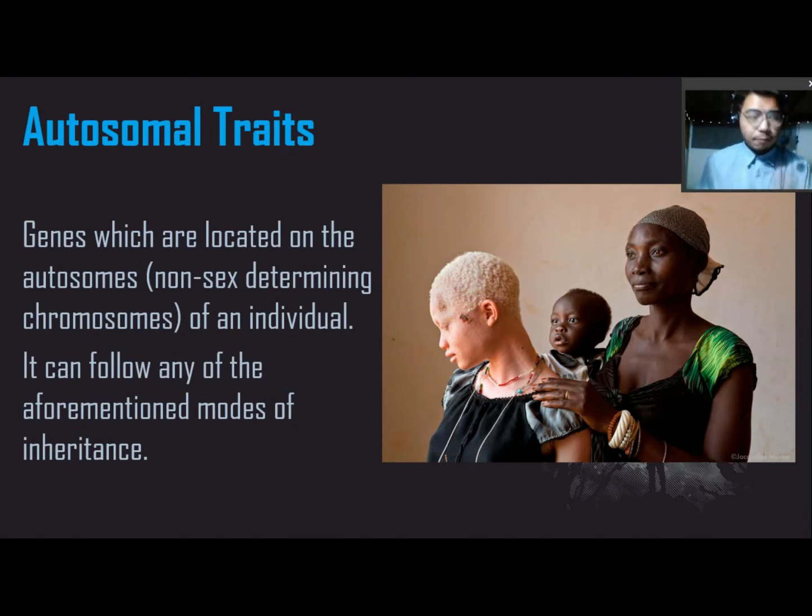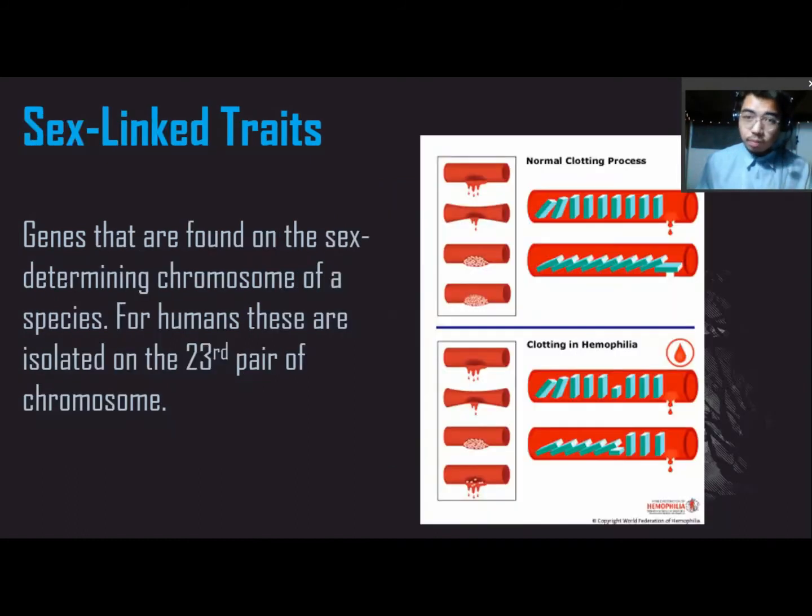Then, if we have the autosomal traits, we also have here the presence of the sex-linked traits. Now, when it comes to the sex-linked traits, I actually provided different examples of sex-linked traits, both dominant and recessive, in your module. But for general discussion and general consumption, sex-linked traits are the genes that are found on the sex-determining chromosomes of a species.